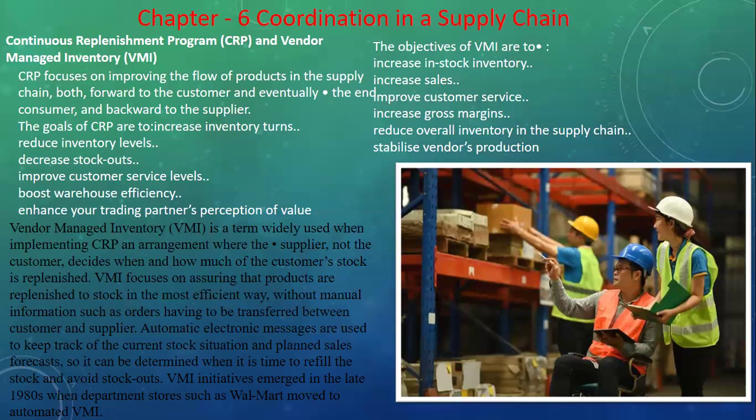VMI focuses on assuring that products are replenished into stock in the most efficient way. What does VMI do? It ensures that products are replenished efficiently, without manual order information having to be transferred between customer and supplier.